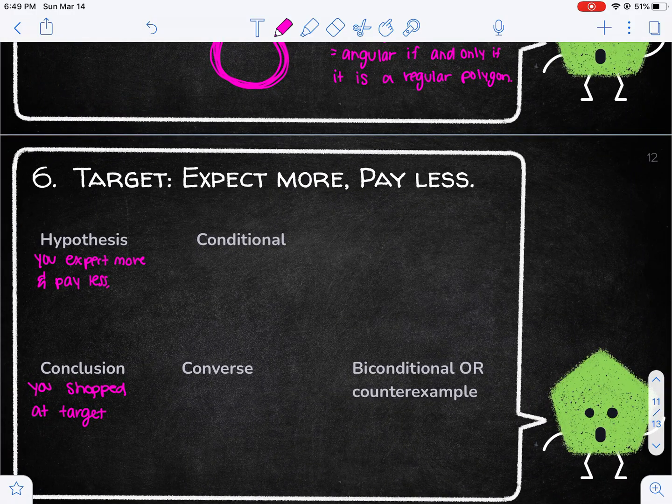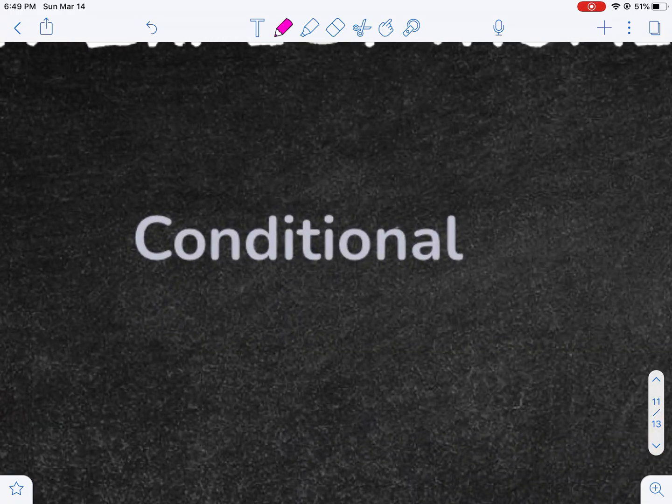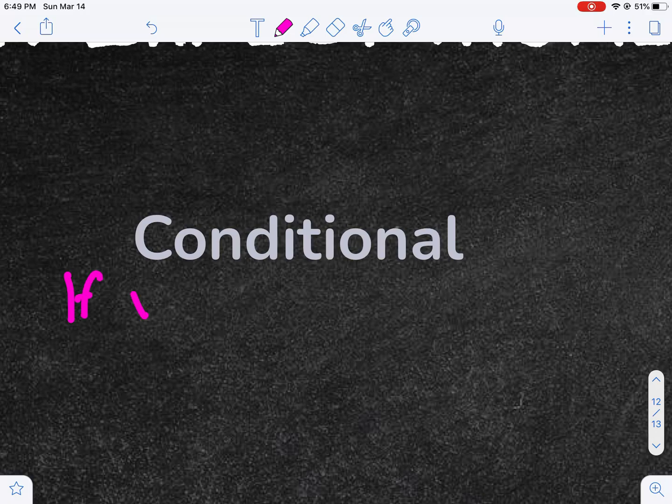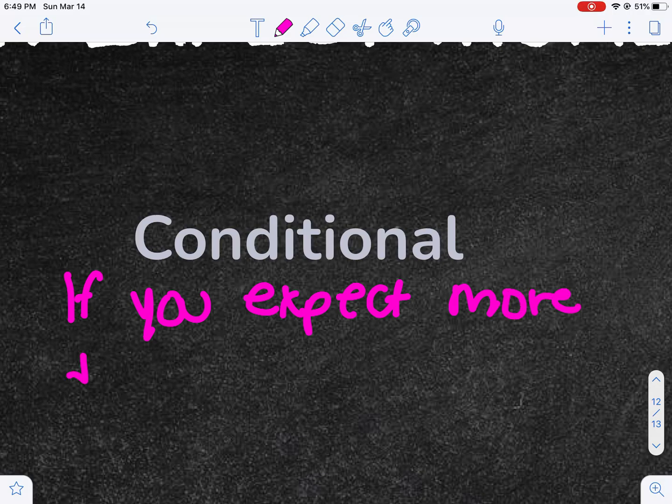And you could make the argument that they're trying to say it the other way, that if you shop at Target, then you expect more and pay less. You really can argue either direction. So for my conditional, I'll say, if you expect more and pay less, then you shopped at Target.